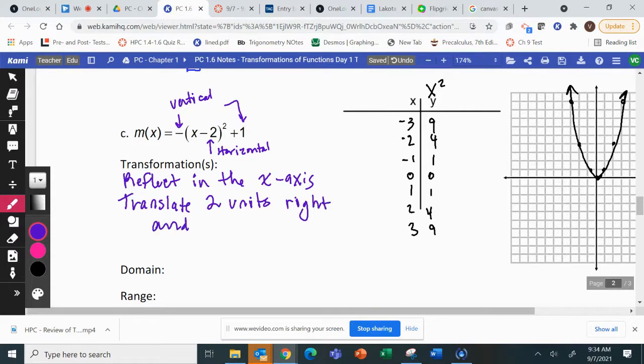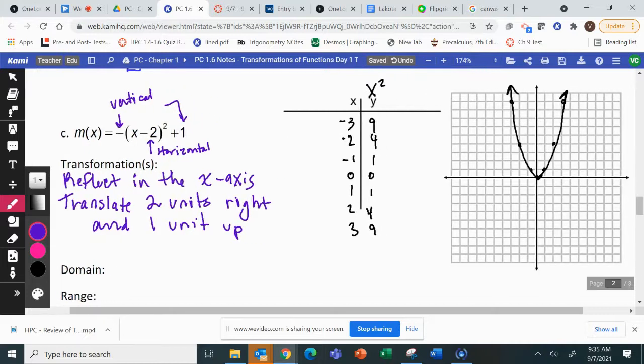And now I'm not going to rewrite the word translate because the next one is also translating. So, and we have 1 unit where? No, down, it's not correct. So if it's vertical, you use the sign, that plus sign. Like you'll use the sign that is the same. Katie. It's going up. Yeah, 1 unit up.